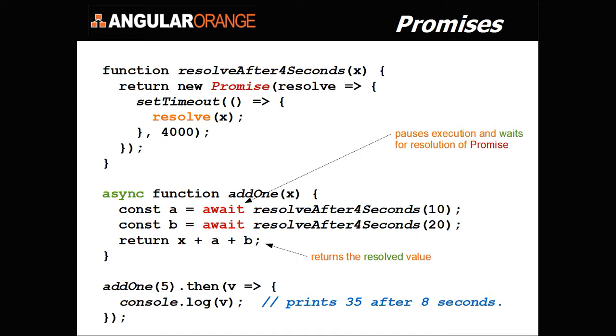And the await there pauses the execution and waits for the resolution of that promise before it moves on to the next statement. So the value comes into constant A. After 4 seconds, this value of 10 comes into constant A. Then I do a resolve after 4 seconds and I pass in a value of 20. This thing doesn't await. It resolves after 4 seconds. Constant B.